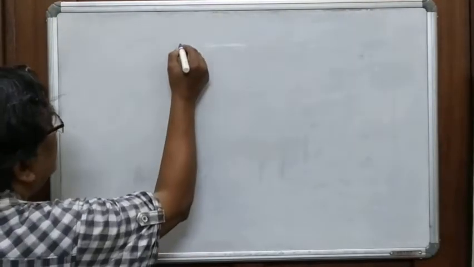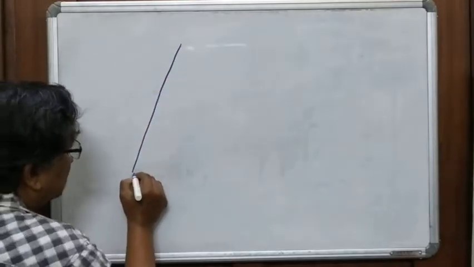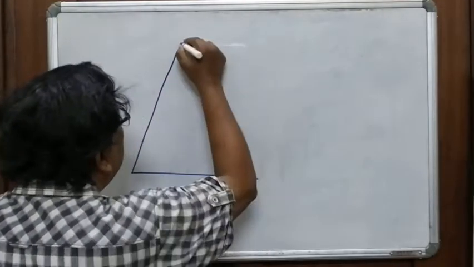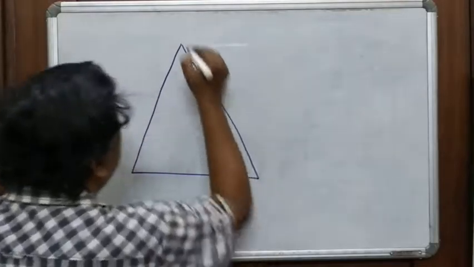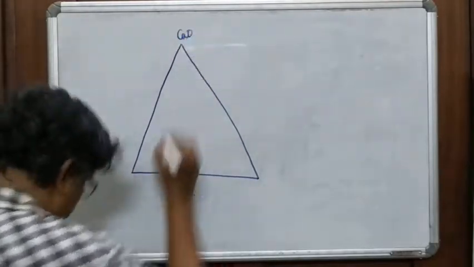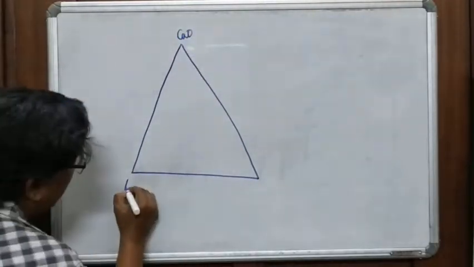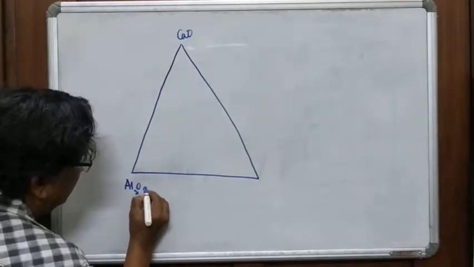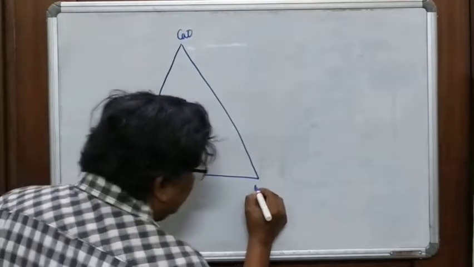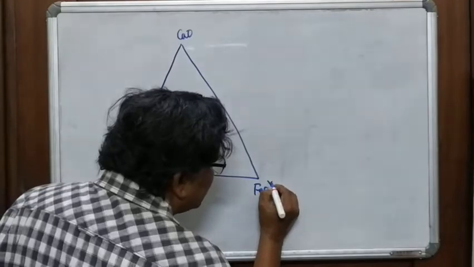So now I will draw the diagram. This is a diagram where I have drawn it as CaO, Al2O3, and then FeO star.